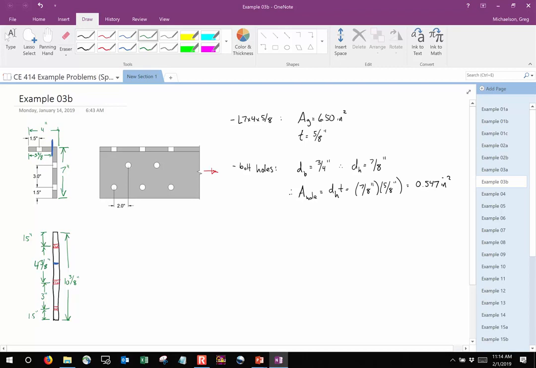So if I'm looking at the plate this way, right, here's what it's going to look like. Right?